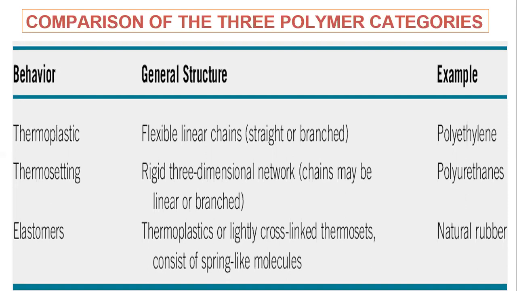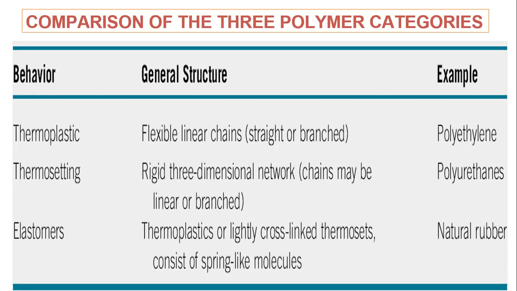This spring-like molecule structure has elasticity greater than 200%. The example for the elastomers is natural rubber. Natural rubber is the best example for the elastomers. So this is the comparison of these three polymer categories.